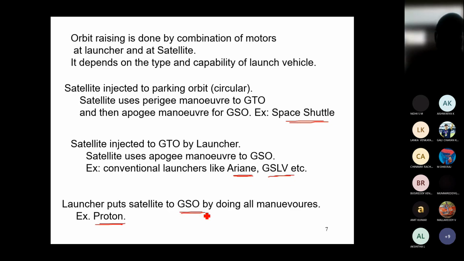The Russians don't follow different stages like circular orbit, GTO orbit, and then GSO. It will not pass through these stages. It will directly put the satellite in GSO orbit.